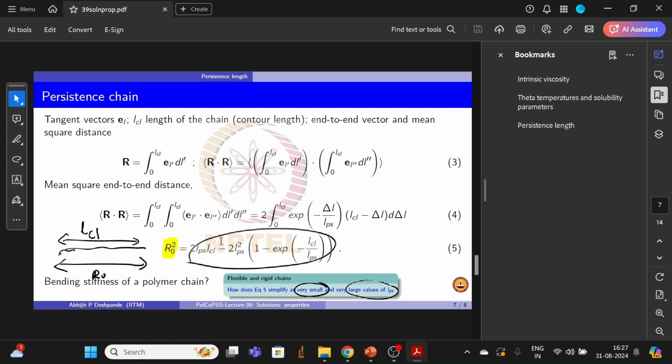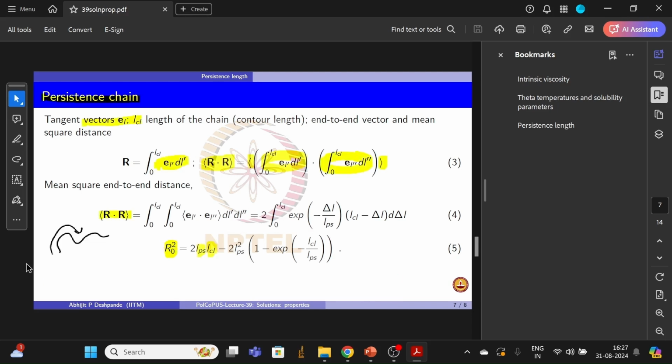So 1 minus 1, this term entirely vanishes, and your end to end distance becomes equal to your contour length. Contour length is nothing but when you take a single polymer molecule and stretch it completely, that end to end distance is your contour length.